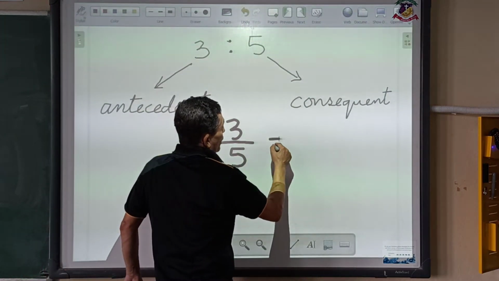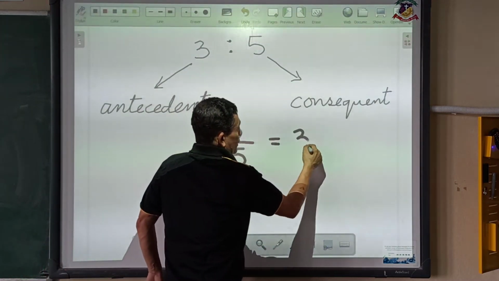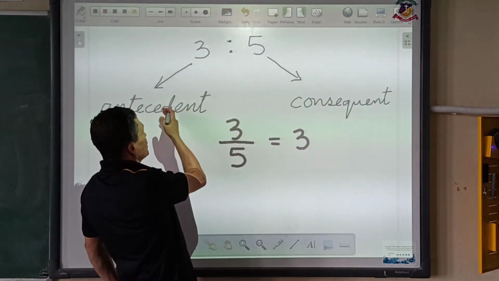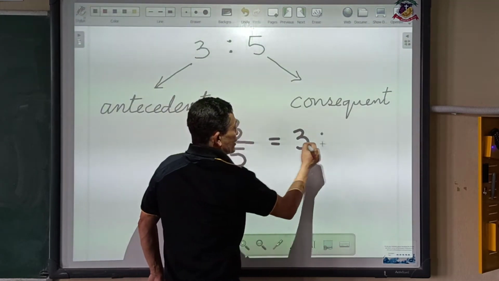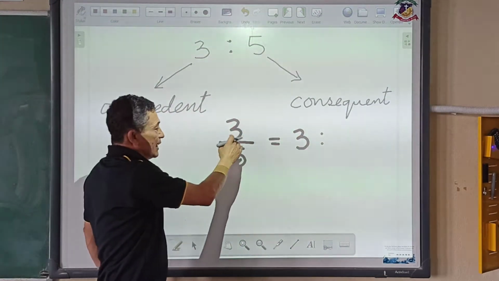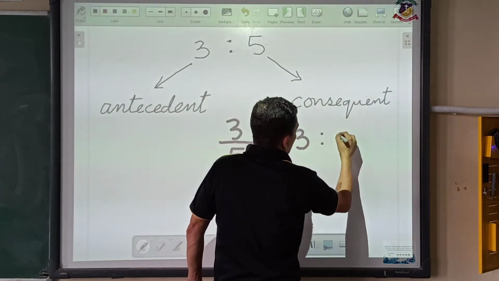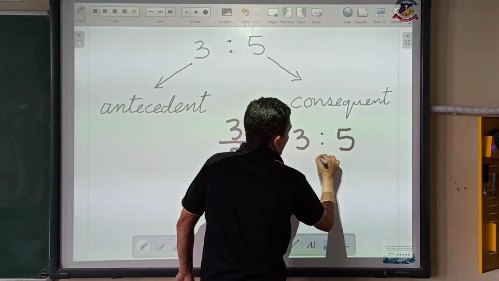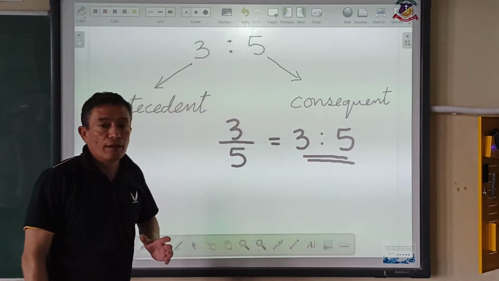So, here the numerator becomes the antecedent and the denominator becomes the consequent. So, the ratio is 3 is to 5.